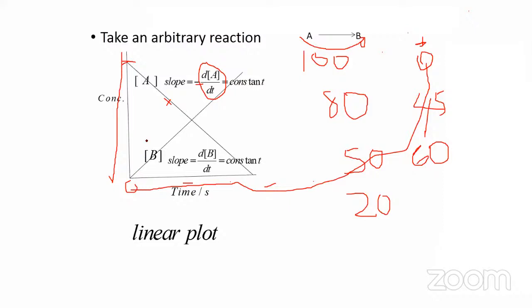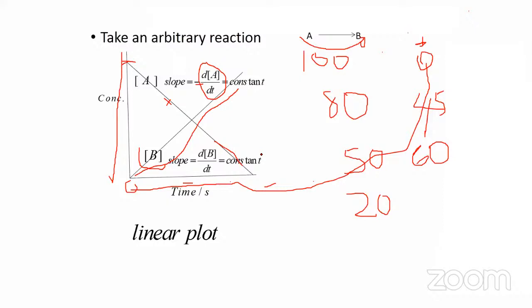So you can monitor B. They will essentially give you the same thing. Your A is decreasing, it's not disappearing. Essentially, it's forming B. So you can plot what is left against time, or what is formed against time. It depends which of them is easier for you to monitor.